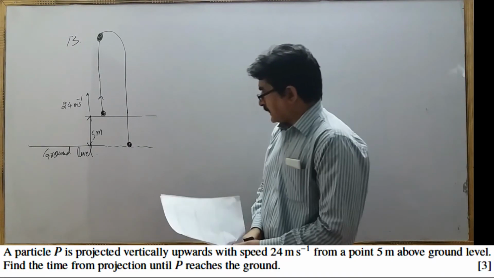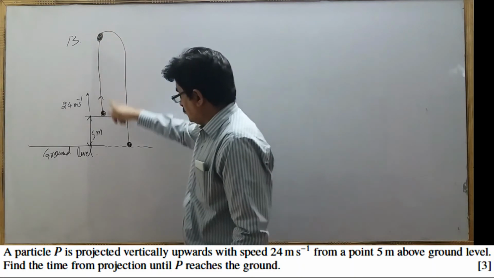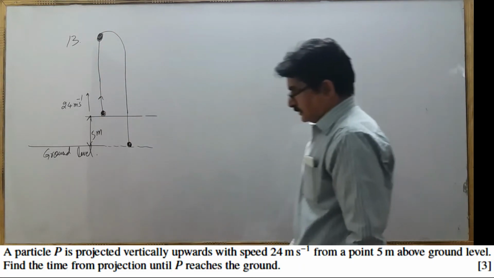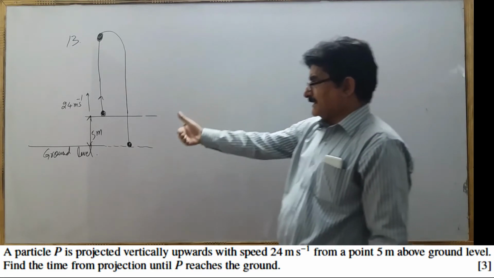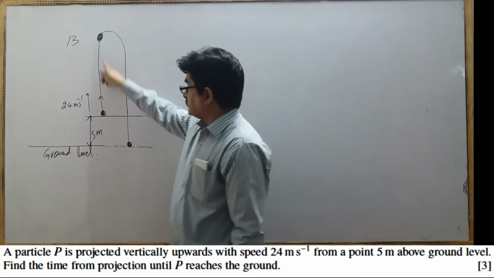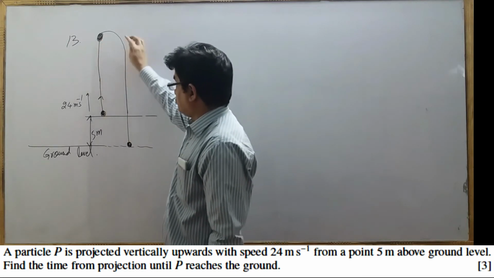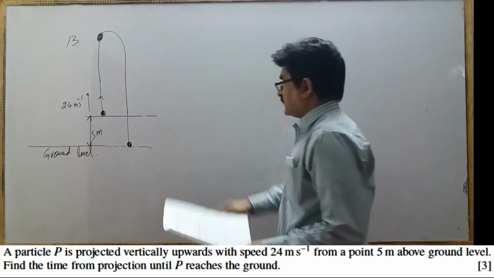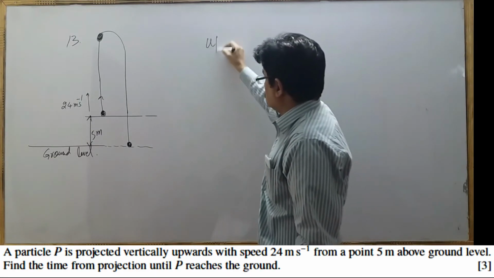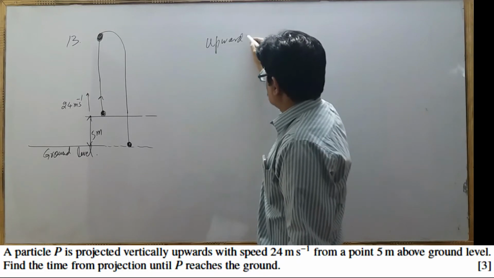So we need the time for this whole journey. What we will do is divide this into two parts. Firstly, we will find this time, then we will find the time for downward motion and add them. So we consider only upward motion.